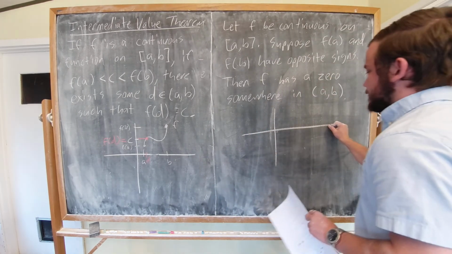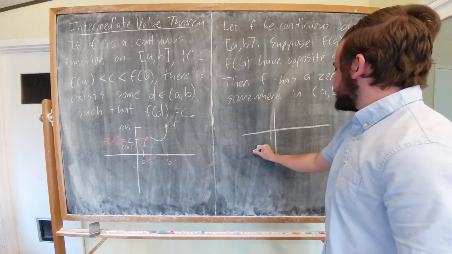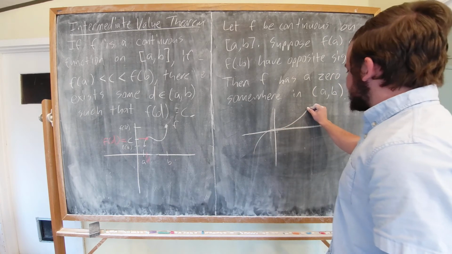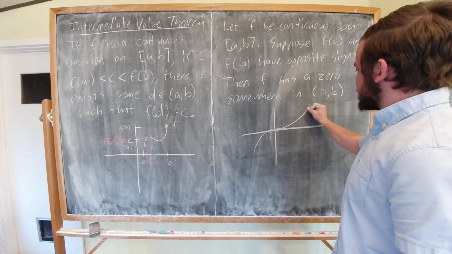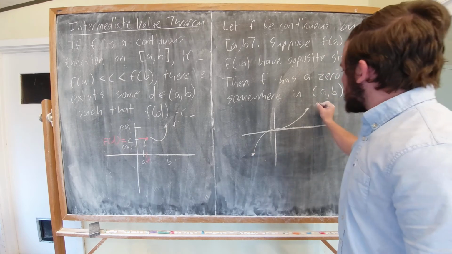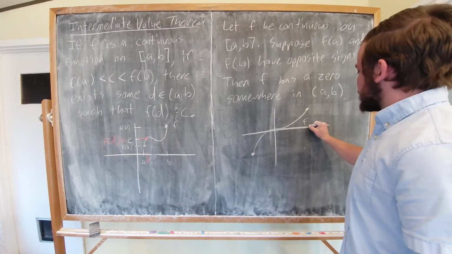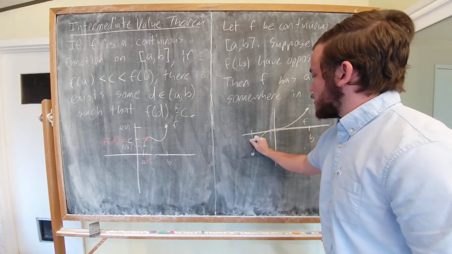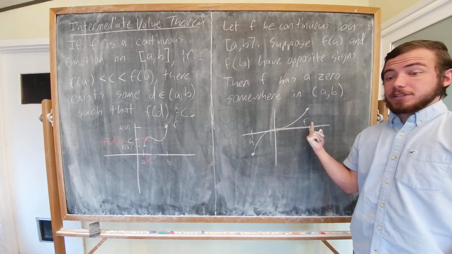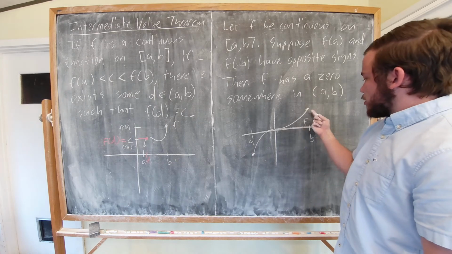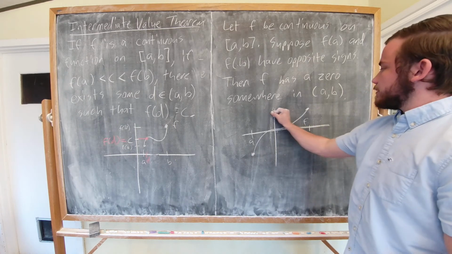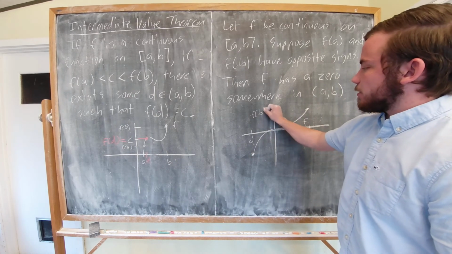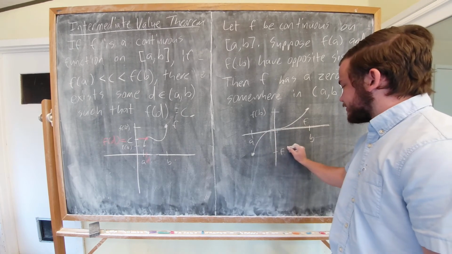Our picture for that, let's say we have our function f on our interval a to b, and f is a continuous function there. I know that f of b is greater than 0, and f of a is less than 0.